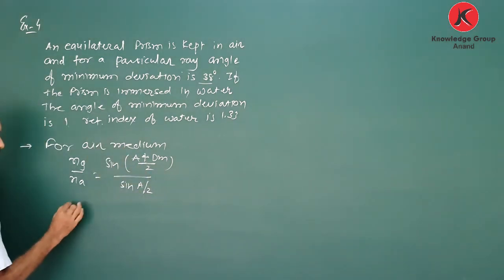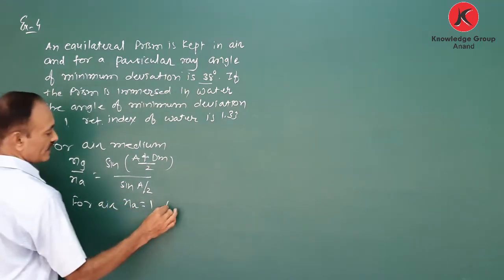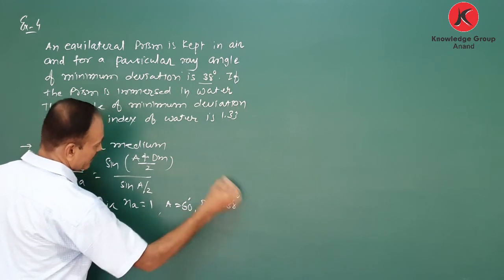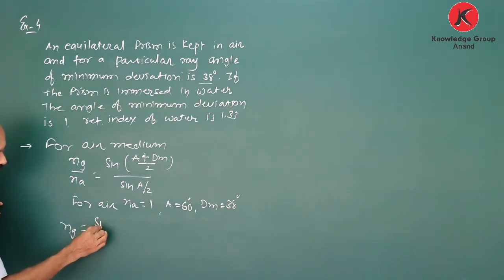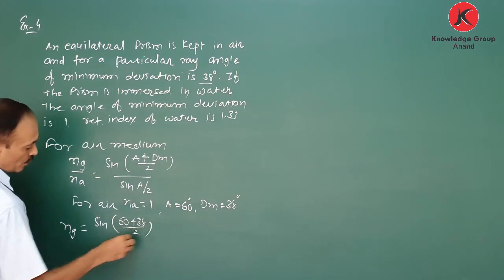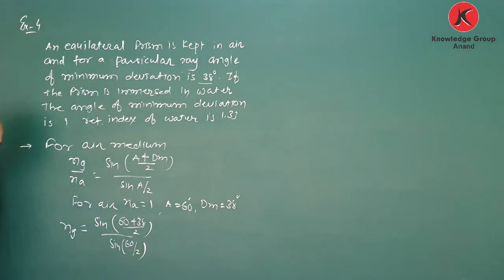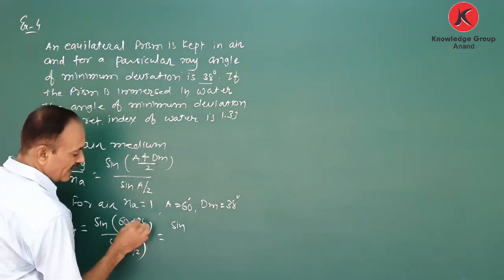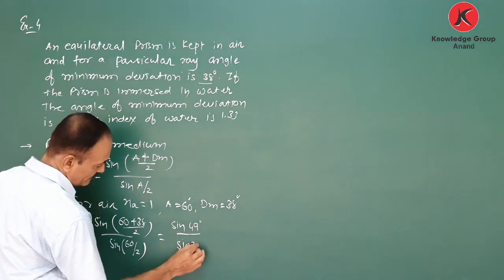For air, refractive index Na is equal to 1. A is equal to 60 and dm is given as 38 degree. Substitute here: therefore Ng is equal to sin (60 plus 38) by 2 upon sin 60 by 2, so sin 30, and here sin 98 by 2, sin 49 upon sin 30.